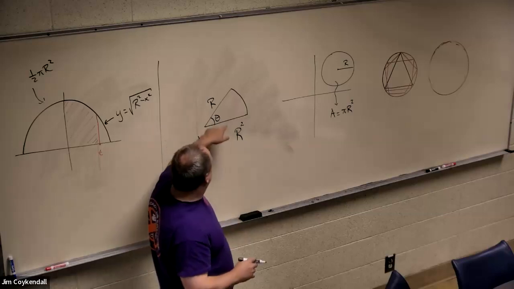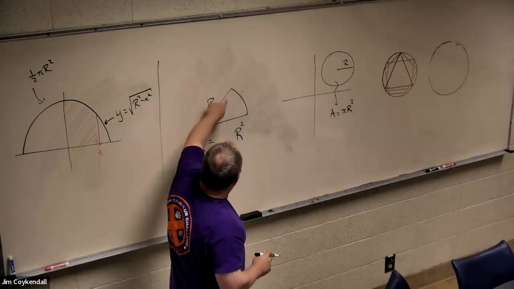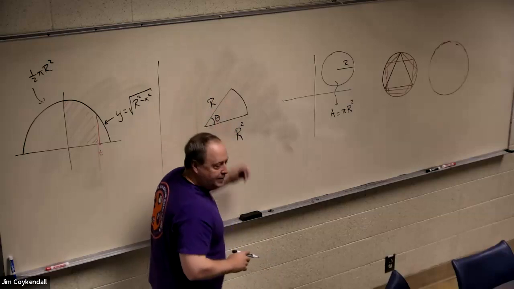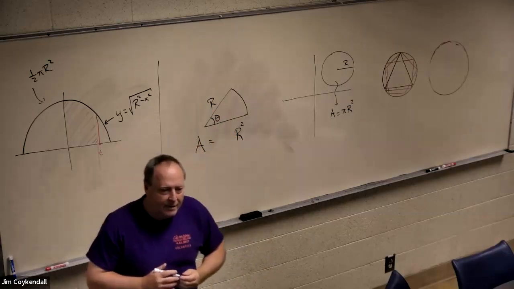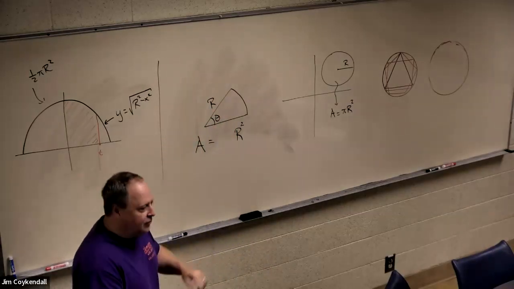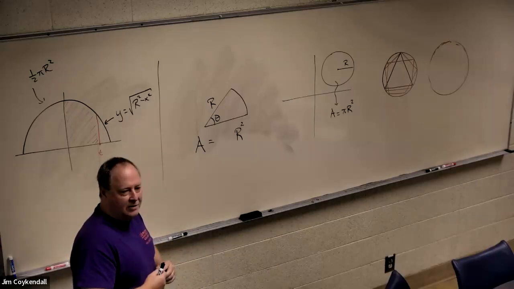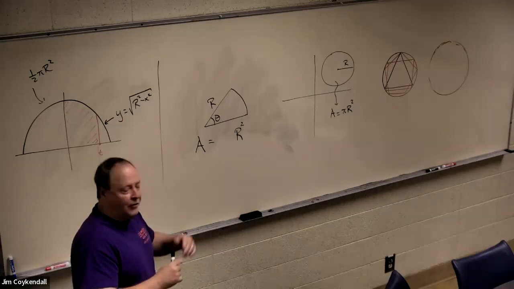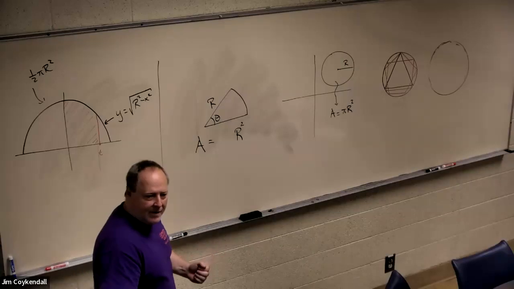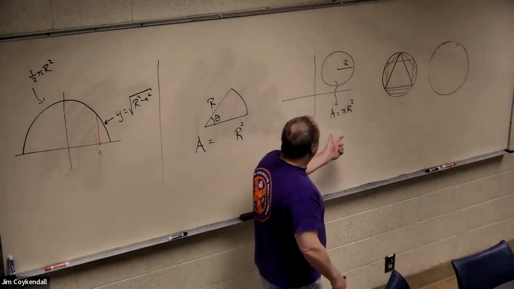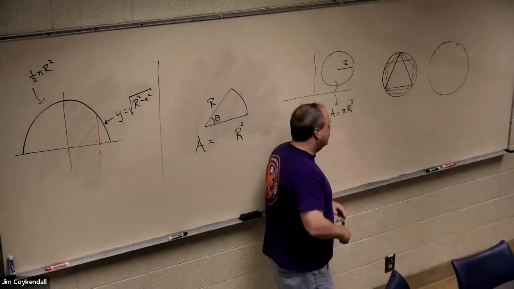By the way, let me ask you this. When theta is 2 pi, what does my piece of pie look like? If theta is 2 pi, what does my slice of pizza look like? It's the whole pie. Everybody agree with that? And I know what the area should be if it's the whole pie.